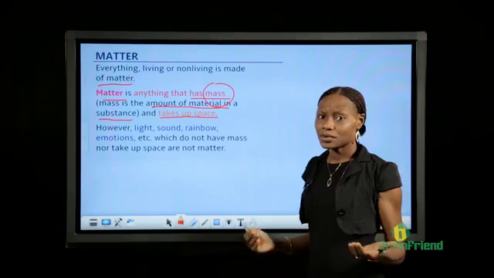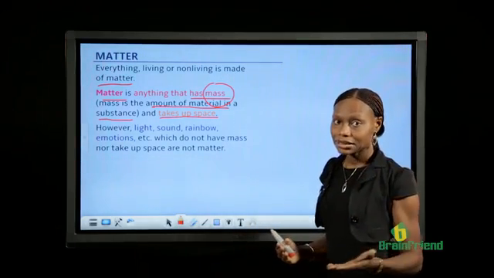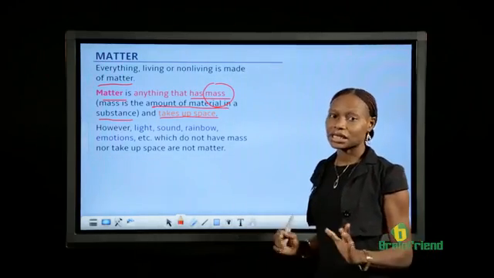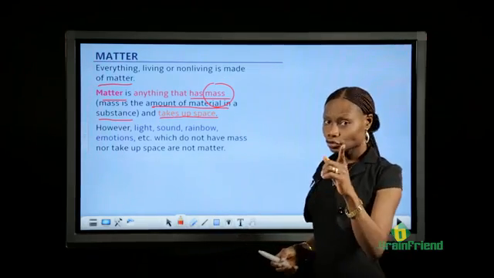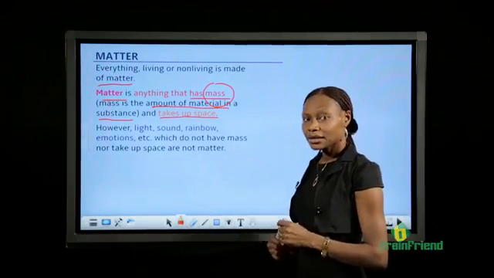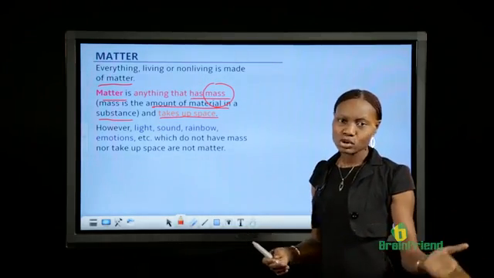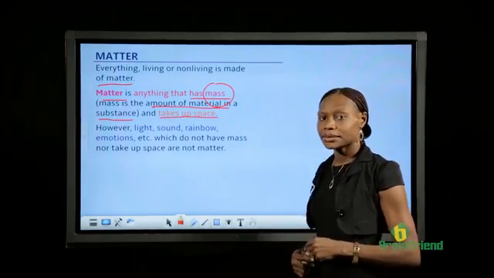There are some things that we will not refer to as matter: light, sound, rainbow. These are not matter. But examples of matter include you, me, the table, the chair, our biros, even the cup we use to drink water. They are all matter.